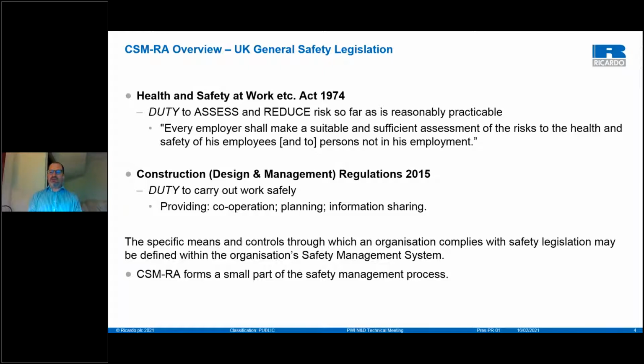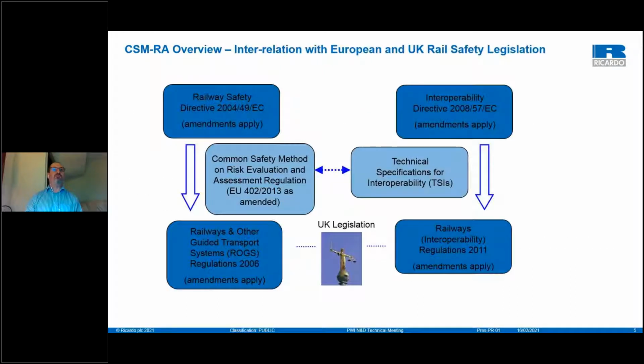But if it's not approached from an early stage, it can place quite a burden in order to catch up and recover some of the scope of the CSMRA, which should have been undertaken earlier in the project. So the message there is to start early, and that's something I shall touch on later as well.